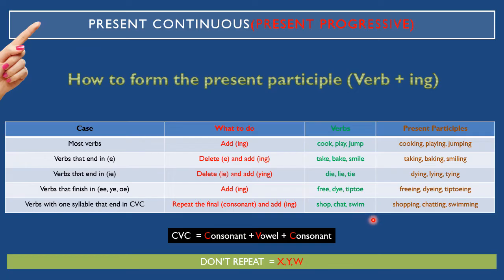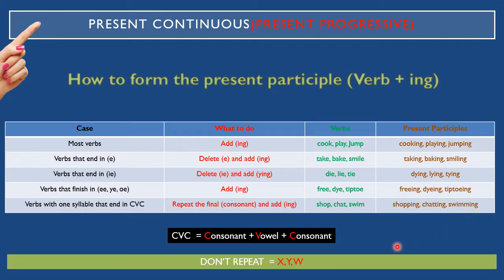So you need to repeat the final consonant. The final consonant in the first verb is P, in the second one is T, and in the third one is M. So we repeat letter P in shopping, letter T in chatting, and letter M in swimming.